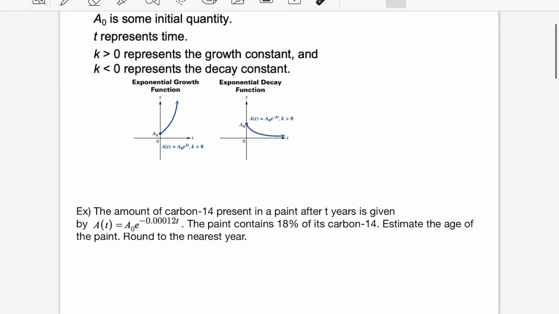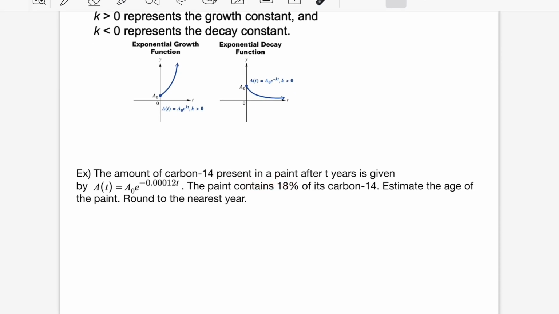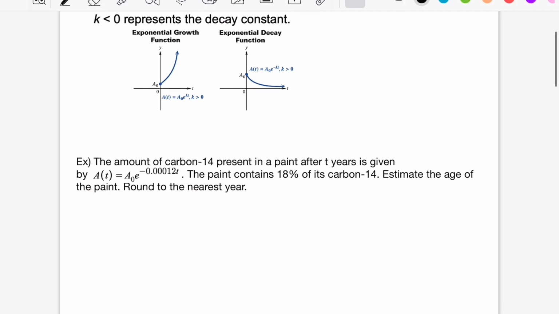We're told that the amount of carbon-14 present in paint after t years is given by this guy here. We're also told that the paint contains 18% of its original carbon-14. With this information, we want to estimate the age of the paint. So, like I said, we're told that the paint contains 18% of its original amount of carbon-14.